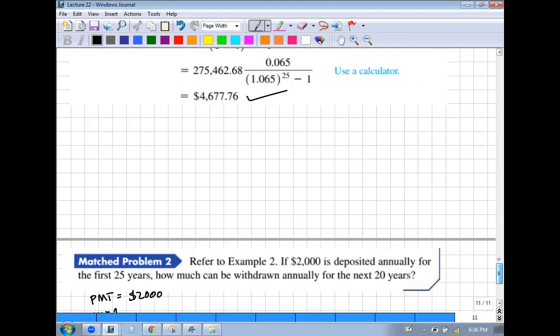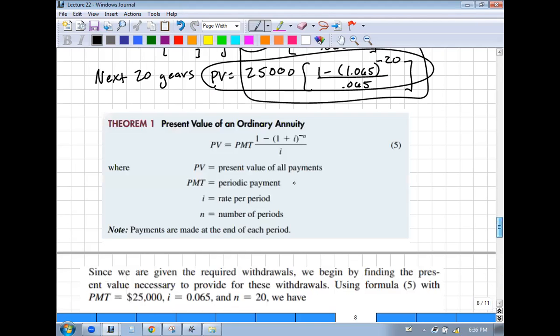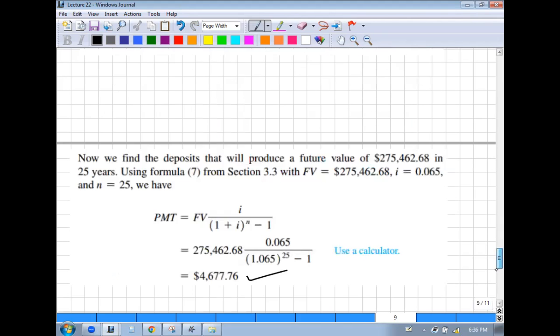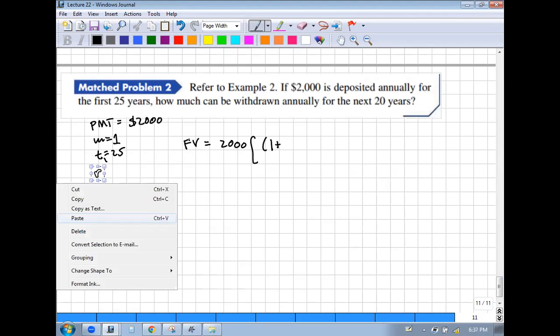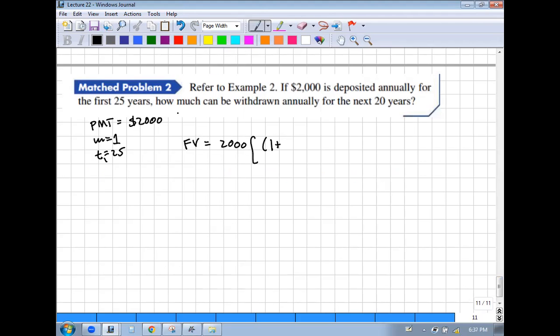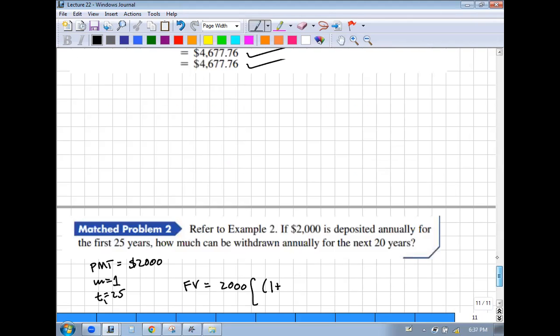Where's our two formulas? I'll never remember this thing. So for the first 25 years, our future value, that's the future value 25 years from now. That would be PMT times 1 plus I. Let's see, what is the R here? Oh, they want us to use the same things from example 1.